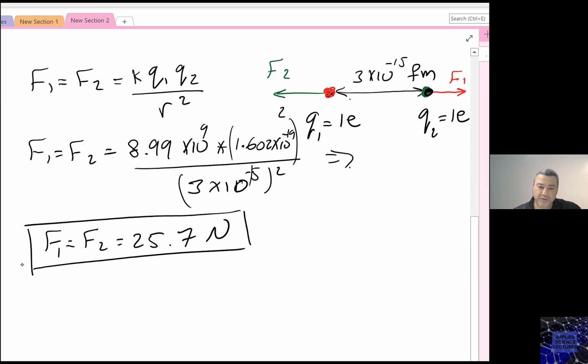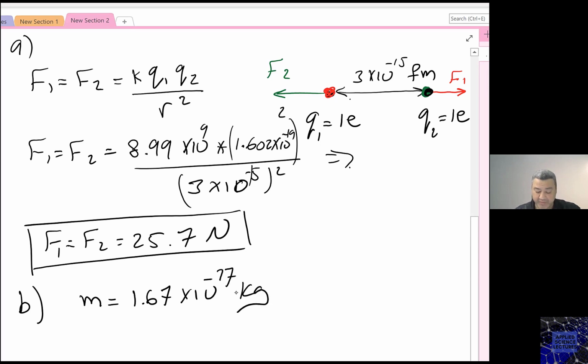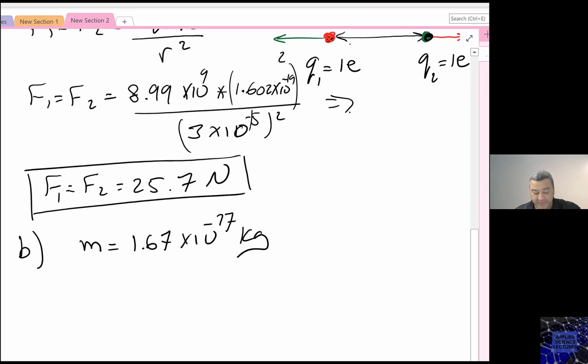Now, the second part of the question is asking for the acceleration experienced by one of these protons, so if this is A, then this is B. He gave me the mass of the protons, 1.67 × 10^-27 kilograms. Then I know that F equals mass times acceleration.